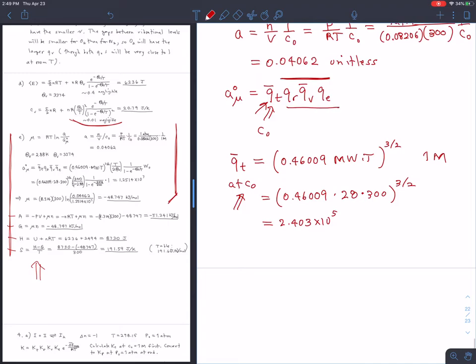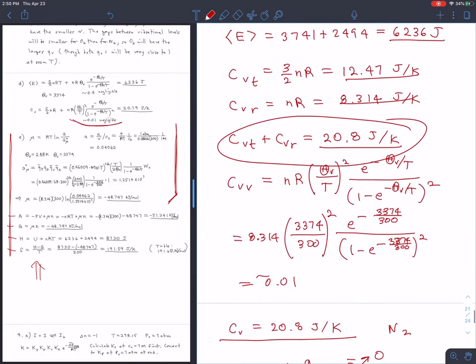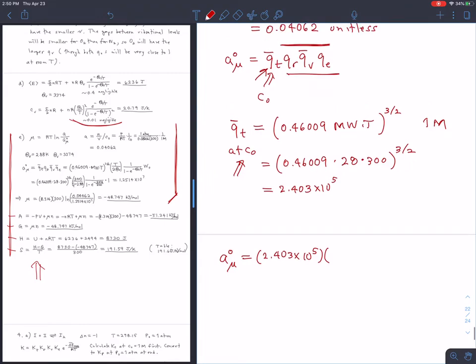We have QR, QV, and QE, so let's just plug that in. The activity of microstates is then 2.403 times 10 to the 5th times QR from above. Did we do QR? We didn't do QR.